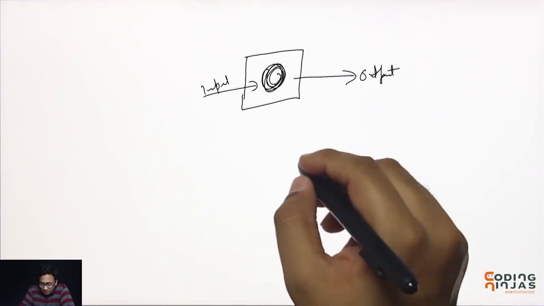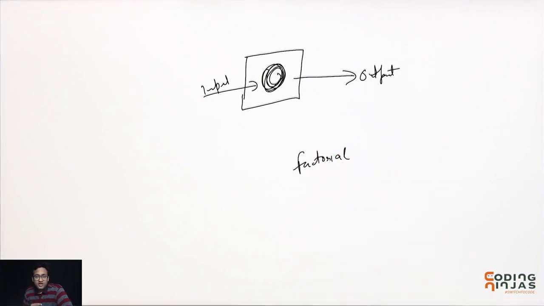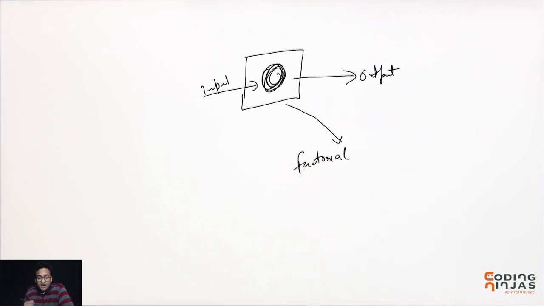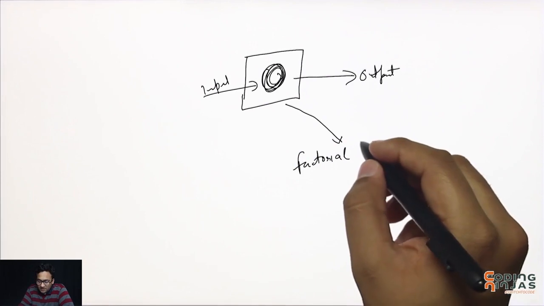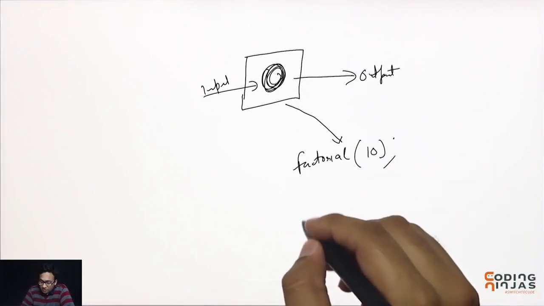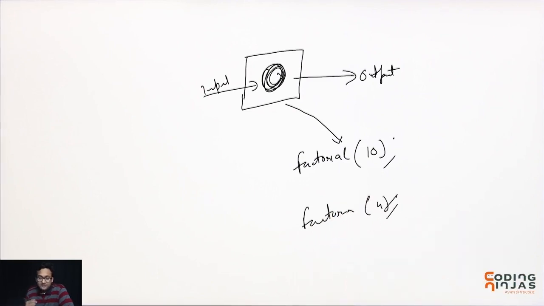So whenever I need to calculate factorial, instead of copying the code again and again and again, I'll just use this box at all those places. And it should be as simple as saying, hey, please get me factorial of 10. Next time I want to use it, I'll just say, hey, please get me factorial of 4, and so on. Great.